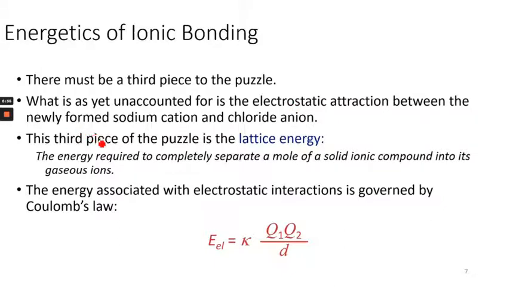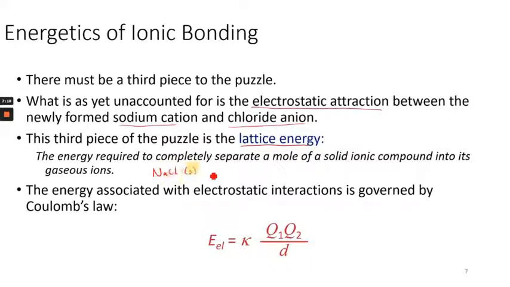We haven't really gone in depth, but the electrostatic attraction between the sodium ion and the chloride ion, this attraction we call the lattice energy, okay? And the lattice energy is the energy required to completely separate a mole of a solid ionic compound into its gaseous ions.